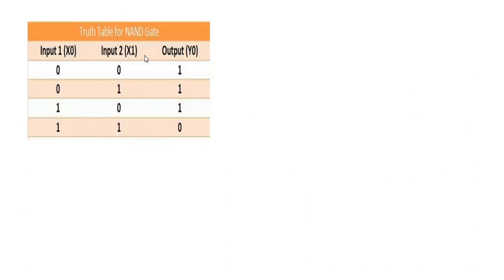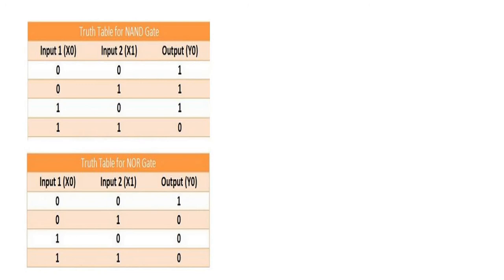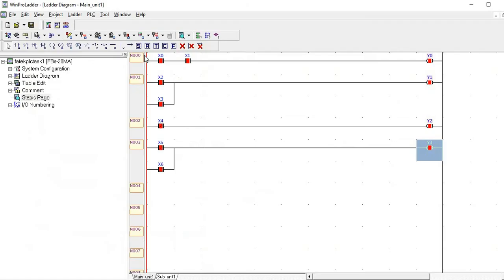Now we are going to implement the NOR gate. In the NOR gate, the output will only glow high when both the inputs are 0, else our output will also be 0. Okay, so now let's implement this ladder logic in our software.